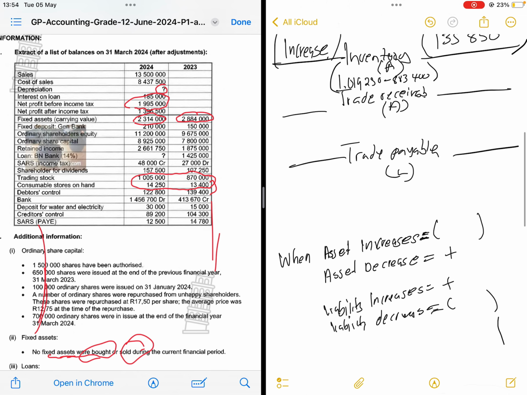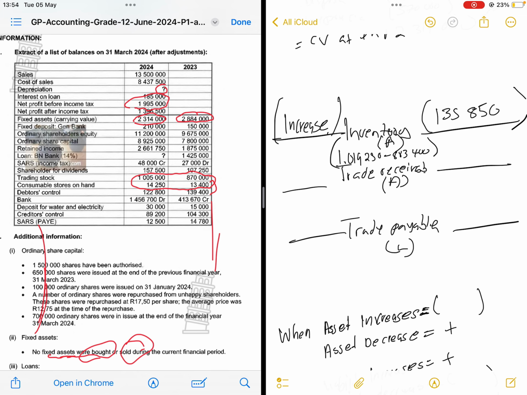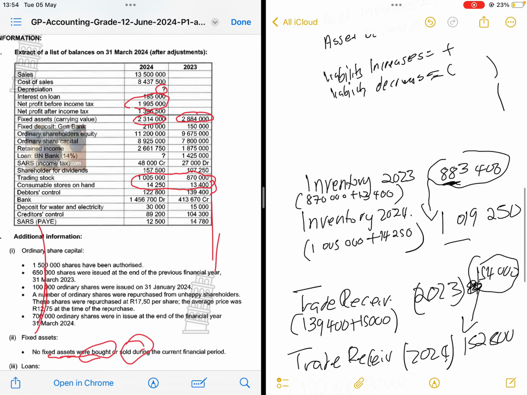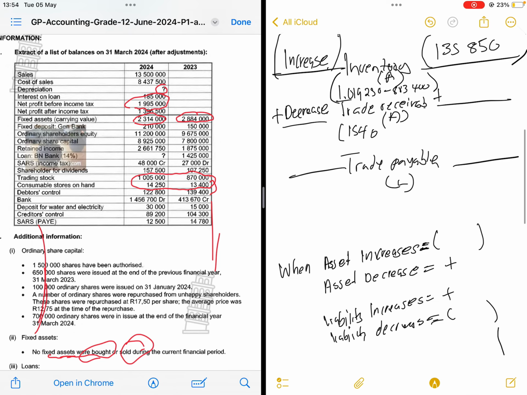It's a decrease. When the asset decreases, you're going to have what? Inflow. Now you take the difference. 154,000 on the dot, you minus 152,800. Quite simple.